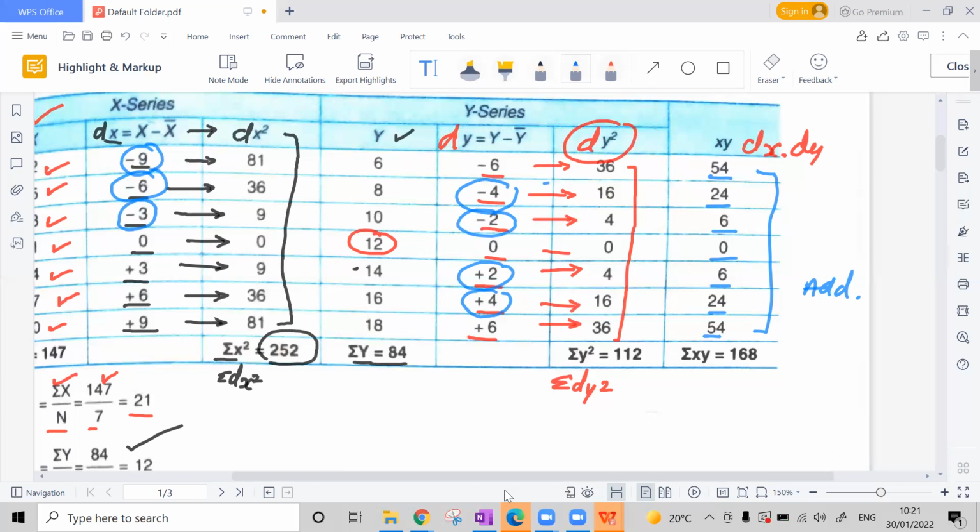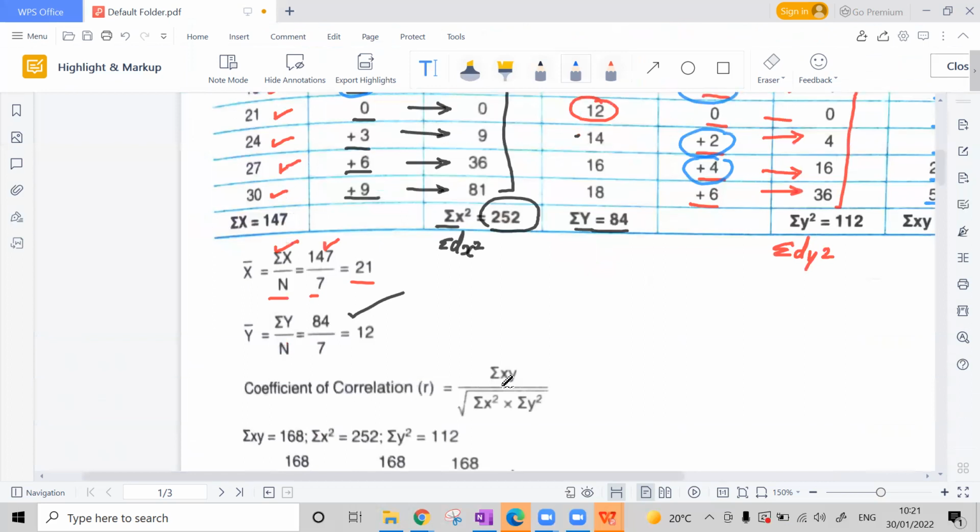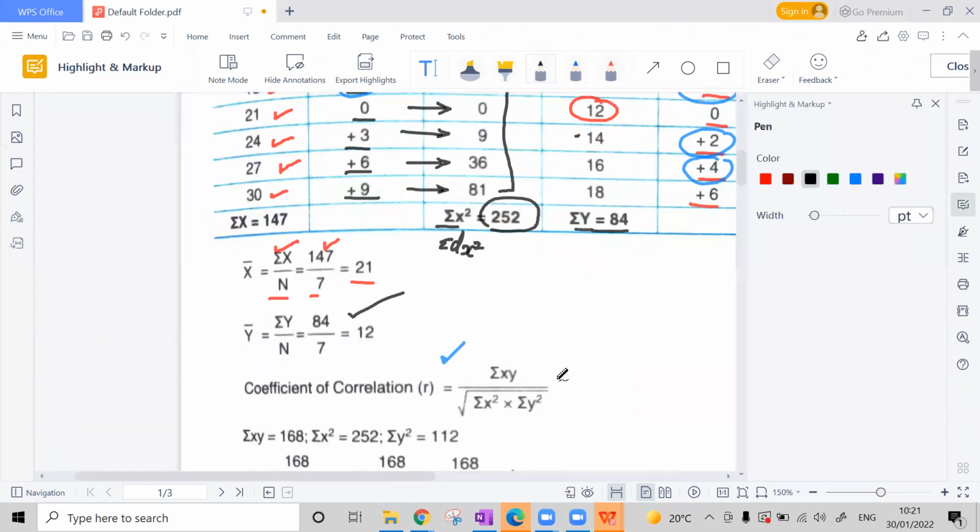So after dx dy, beta, do the summation. Now come to the formula, as I told you, because there was the problem of n also. The formula of the actual mean method is very simple. I am writing it again.